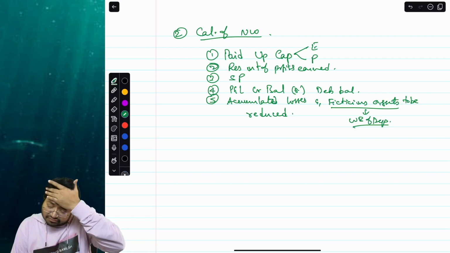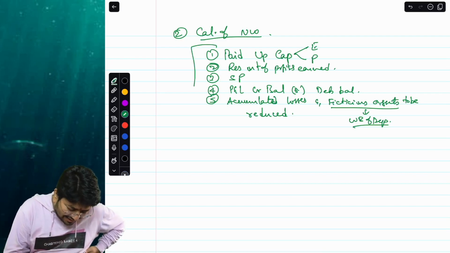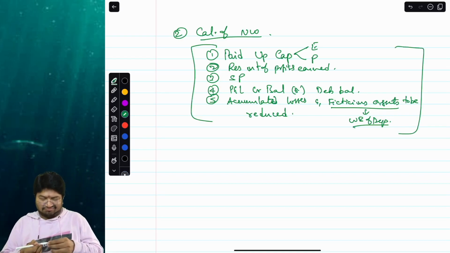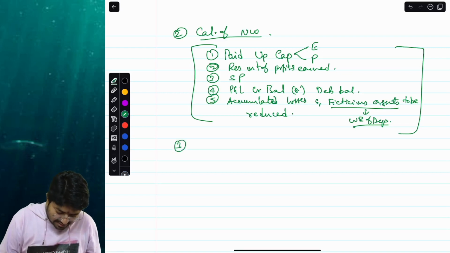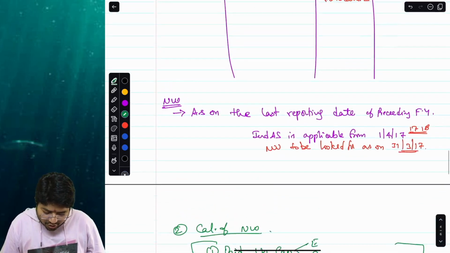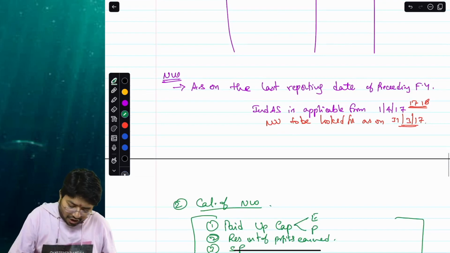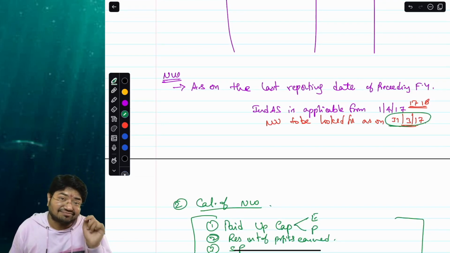Now, all this is fine, sir. Are these items as per AS or Ind AS? Okay, number 3, AS or Ind AS. First of all, you are looking for this parameter on a date when Ind AS is not at all there.